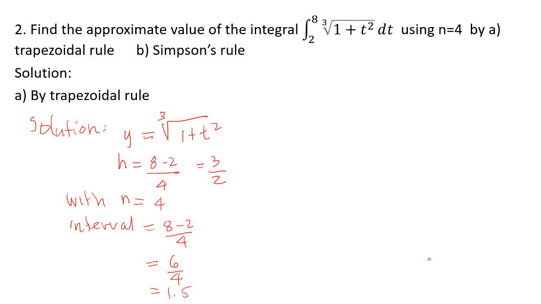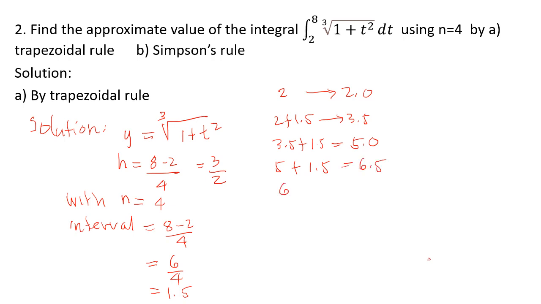So we have this one starting at 2, so 2 plus 1.5 is 3.5. 3.5 plus 1.5 equals 5.0. 5 plus 1.5 is 6.5, and 6.5 plus 1.5 equals 8. So these are the intervals.